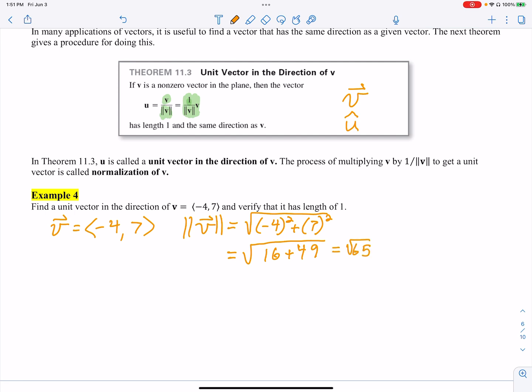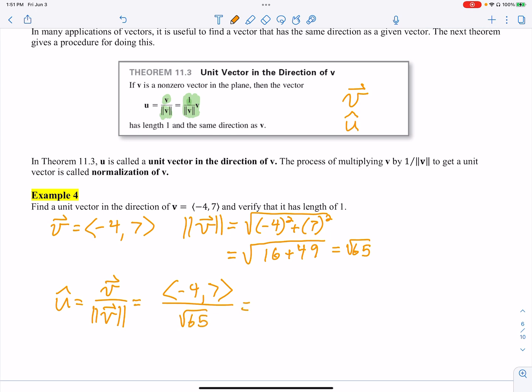Now we want the unit vector, so I take v and divide it by its magnitude. So v is -4, 7, and I'm going to divide it by the square root of 65.